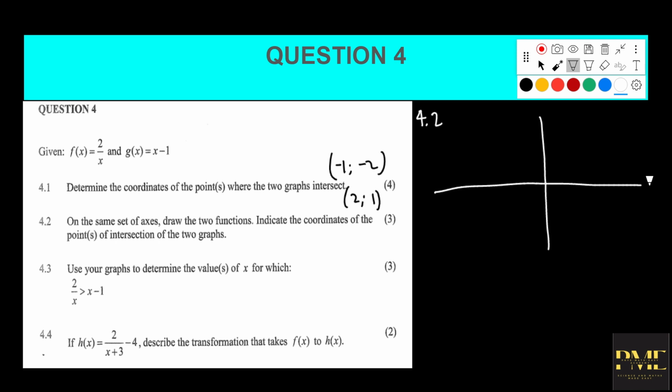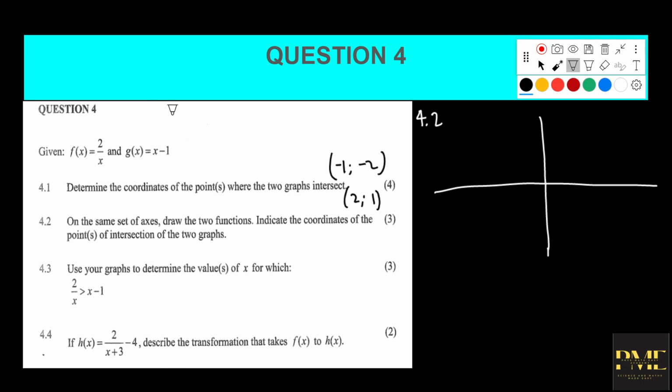Okay, all right, cool. But it's important again for us to actually remember, before we start drawing, we need to actually determine our coordinates with the axes. Okay, so we know that when it comes to a straight line, you can easily calculate the y and x values for which your graph intersects with the axes.